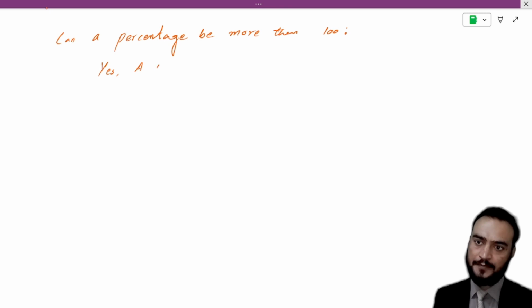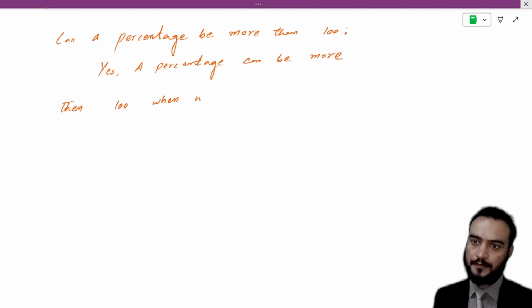A percentage can be more than 100 when we have a value that is larger than the total value.